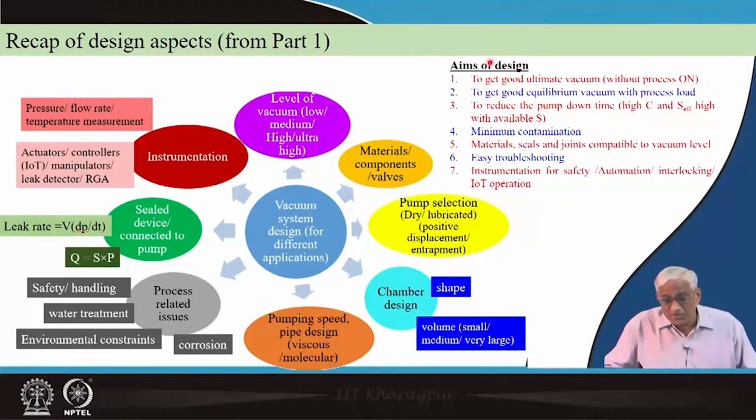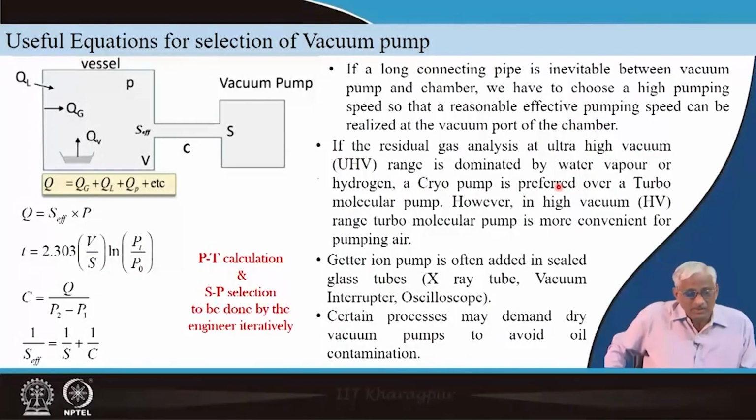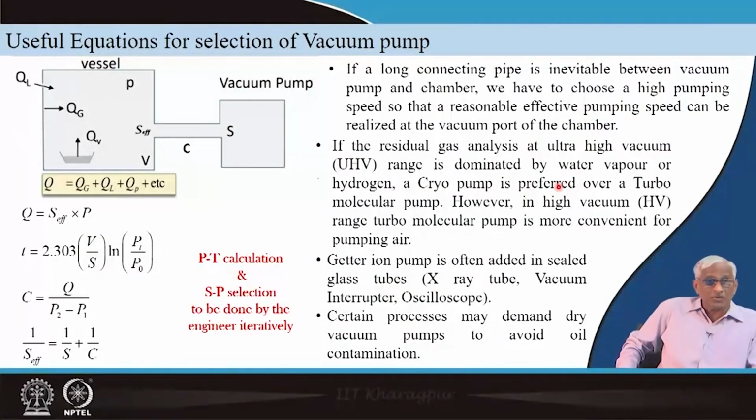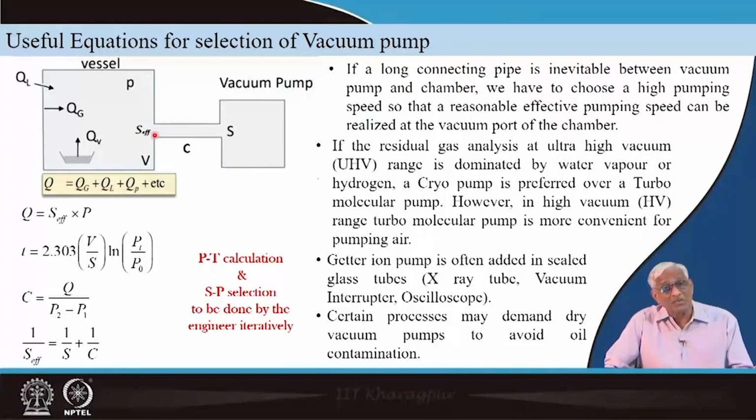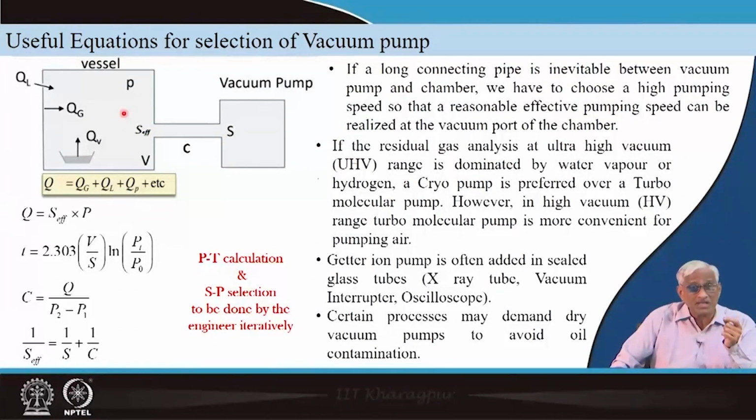Okay. So, aims of the design are these. As I told you, unavoidable or avoidable or varieties of throughputs, all these things you have to keep track of in a vessel, then welded joints, then couplings, then length of the in between coupling, the chamber and the system, very important aspect.